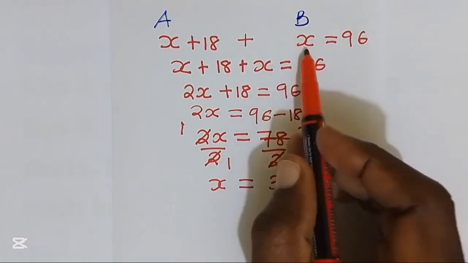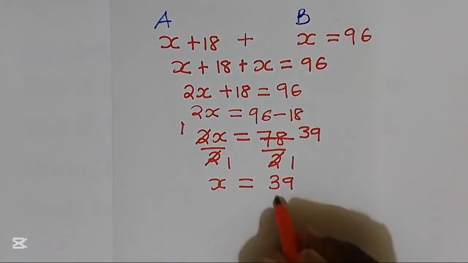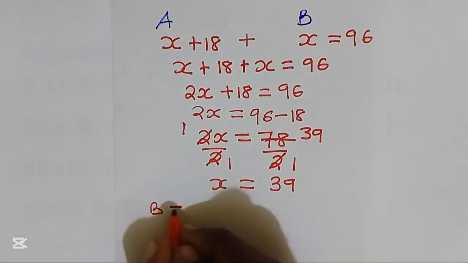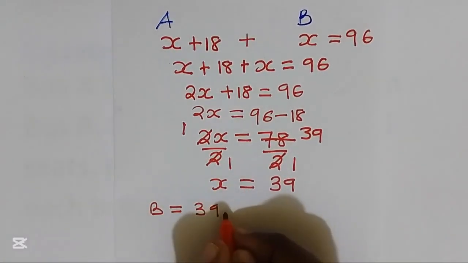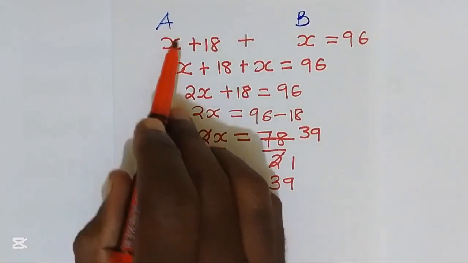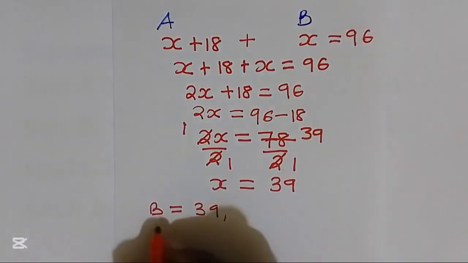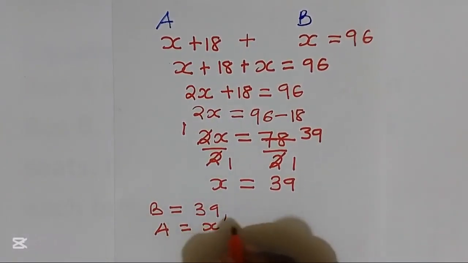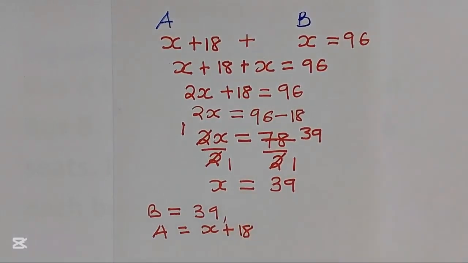Bus B has expression x, which is equal to 39. So bus B has 39 seats. And bus A has expression x plus 18. Bus A, it has x plus 18.